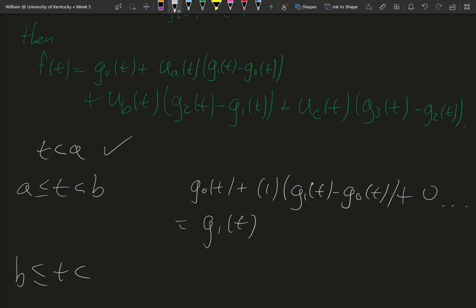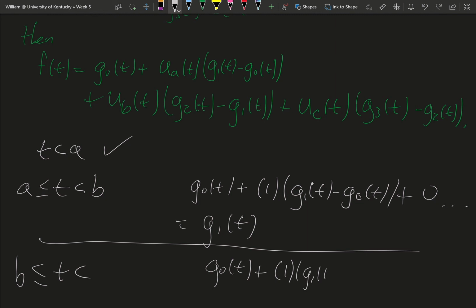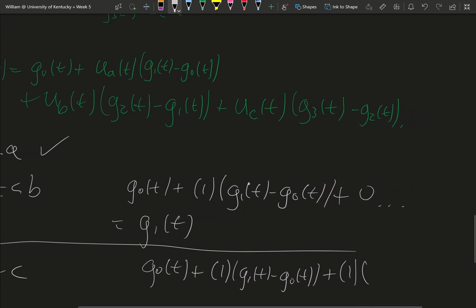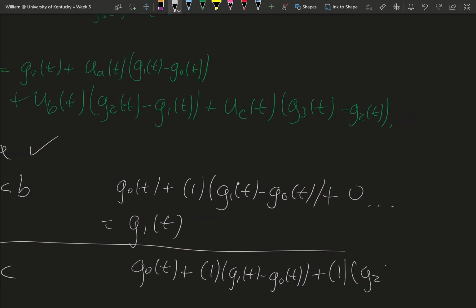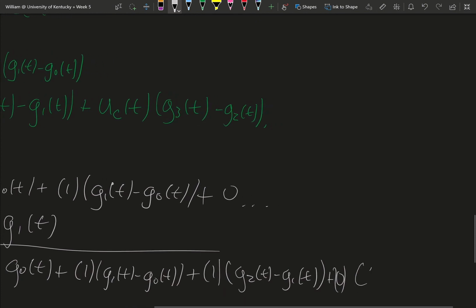If we're in between b and c, then note what happens. We have g of 0 plus 1 times g of 1 minus g of 0 plus 1 times g of 2 minus g of 1. And then plus 0 times g of 3 minus g of 2.